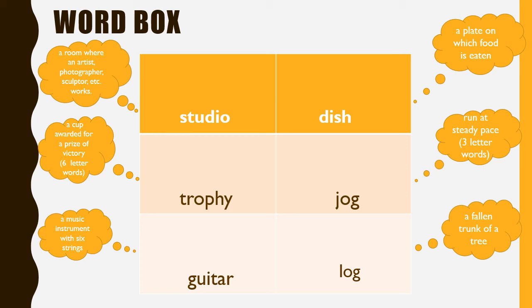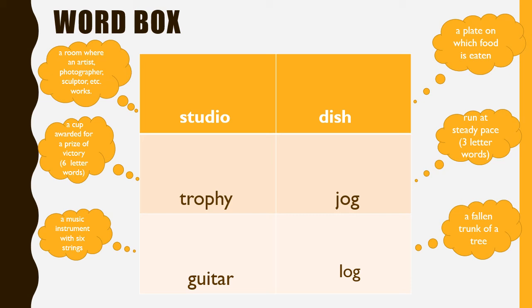A room where an artist, photographer, sculptor, etc. works is a studio. Now, I want you to take the word studio and make a sentence. Go ahead. Very good. Now I'll give you my own sentence.